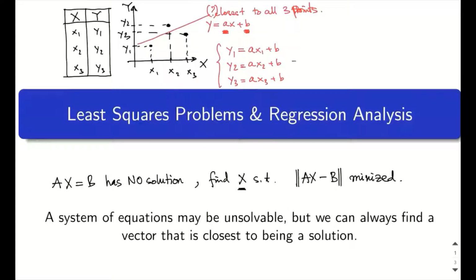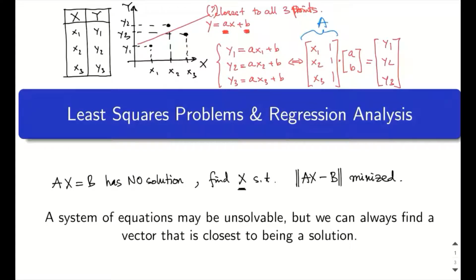This system can be rewritten as the matrix with rows (x1, 1), (x2, 1), (x3, 1) times (a, b) equal to (y1, y2, y3). If you denote this matrix as A, the matrix of the unknowns as capital X, and the vector of the y coefficients as B, then you have AX equals B, which is exactly this equation.